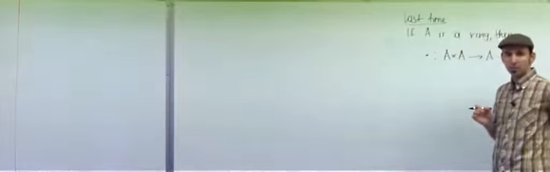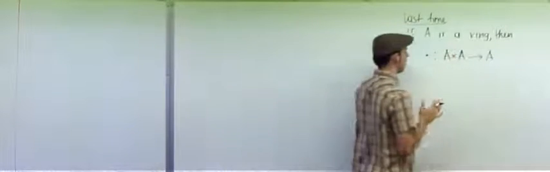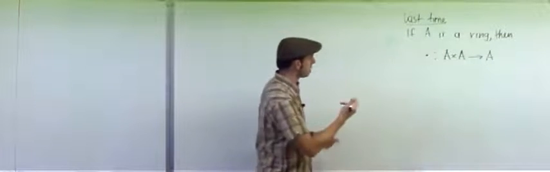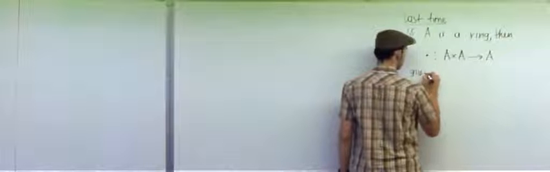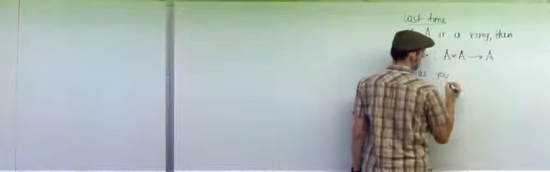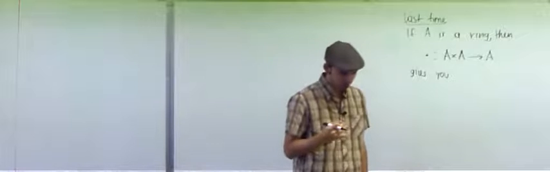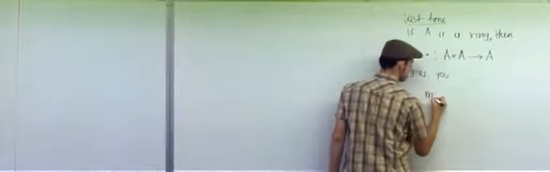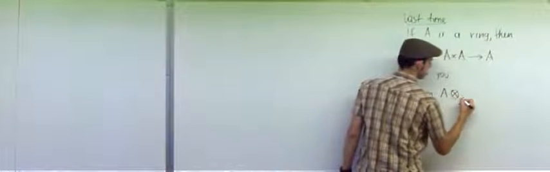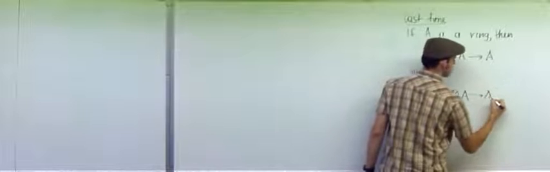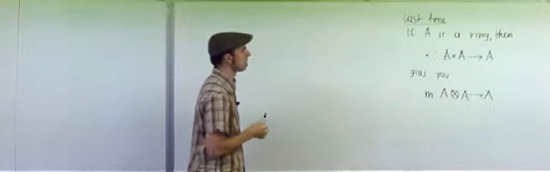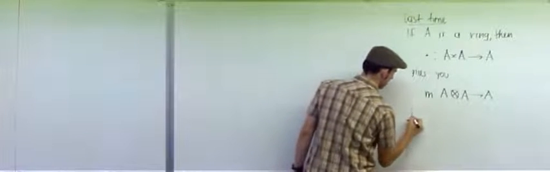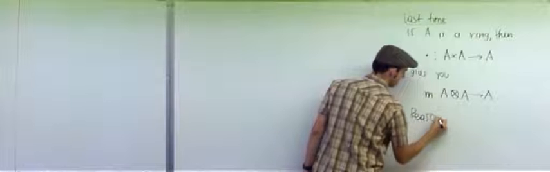And what I wanted to argue, and I didn't get to argue, is that this multiplication gives you a multiplication at the level of the tensor product. And I kind of waved my hands as to why this was true.